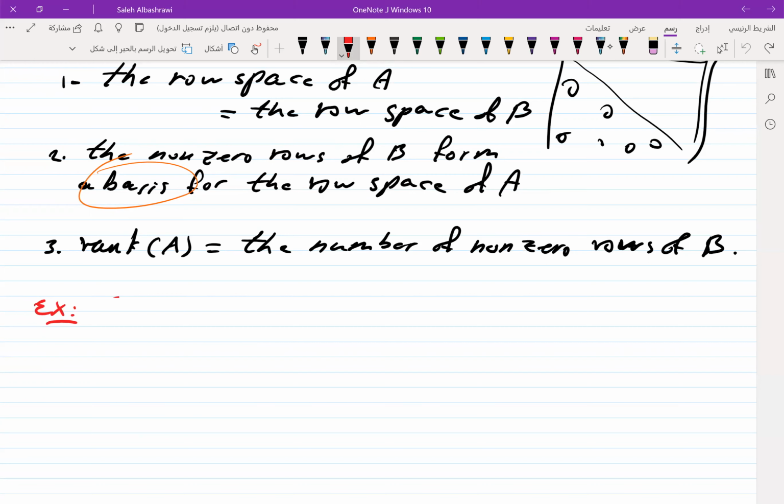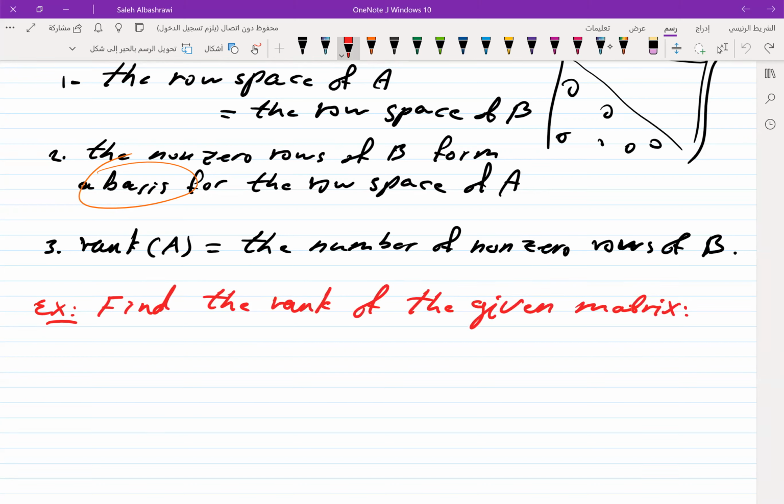Find the rank of the given matrix. Number one, say that A is equal to the matrix with entries 3, minus 1, 1 and 3.